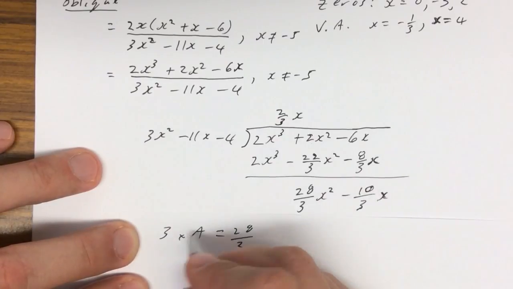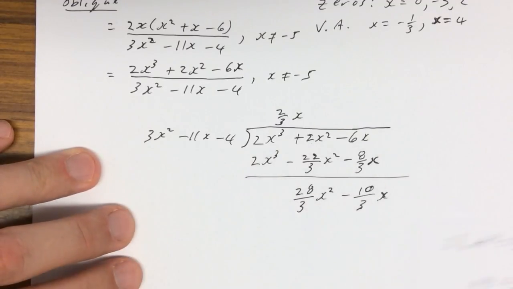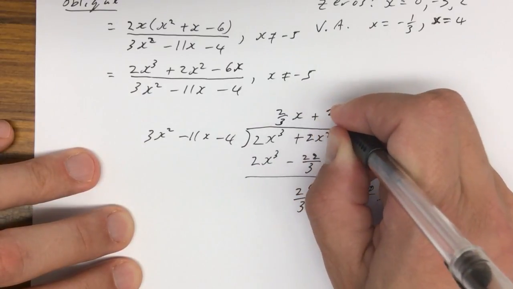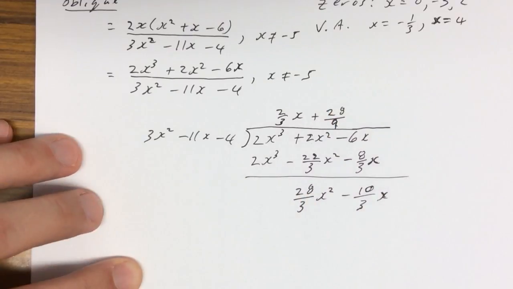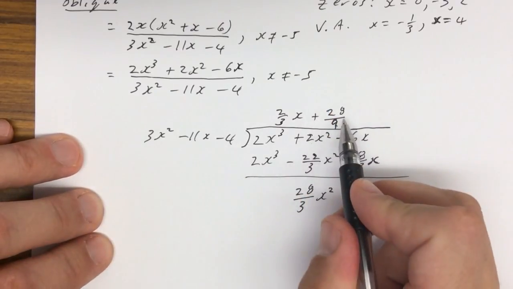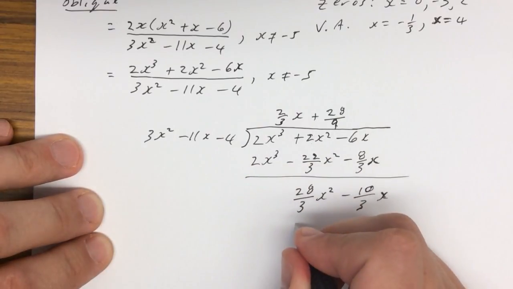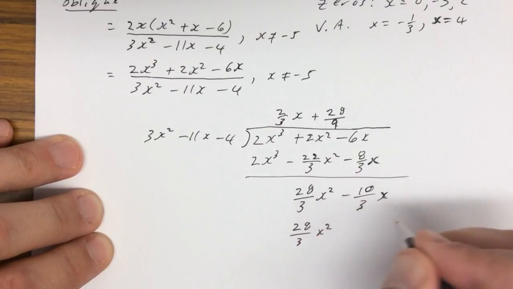Well, that's easy. Just bring the 3 down here. So a equals 28 over 9. So 28 over 9 is what we're going to put here. That's an ugly number. 28 over 9 times this will give me 28 over 3 x squared.